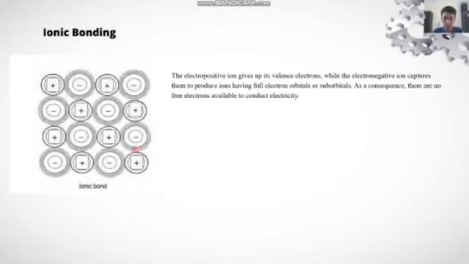The electropositive ion gives off its valence electrons, while the electronegative ion captures them to produce ions having full electron orbitals or suborbitals. As a consequence, there are no free electrons available to conduct electricity.